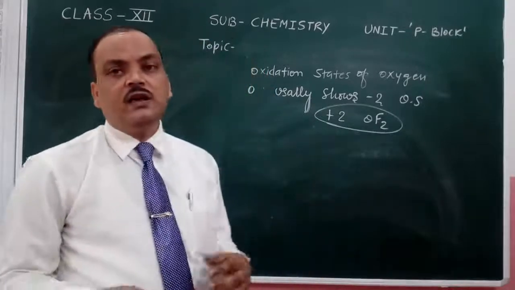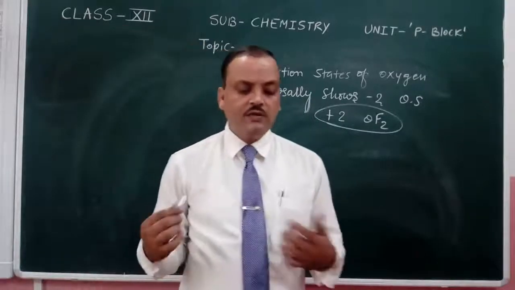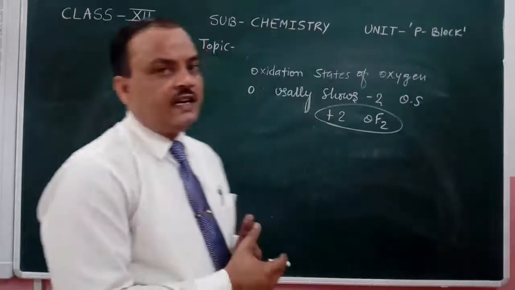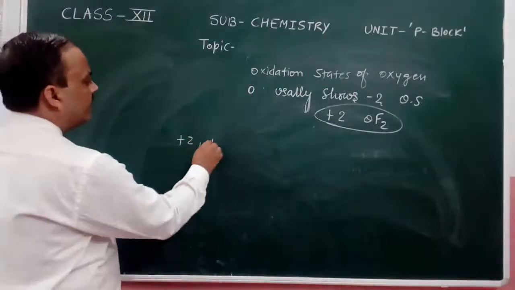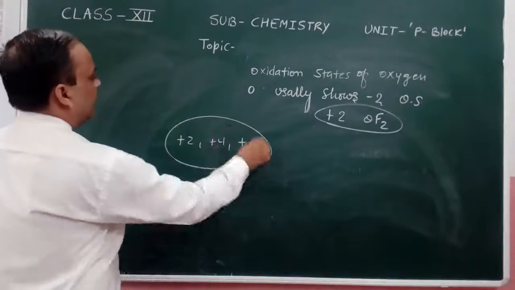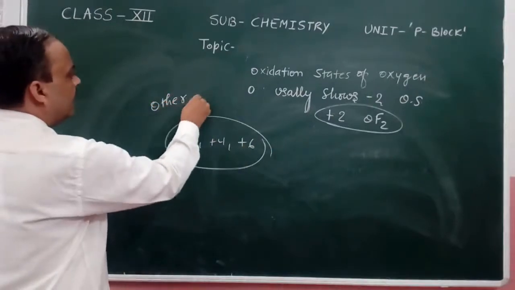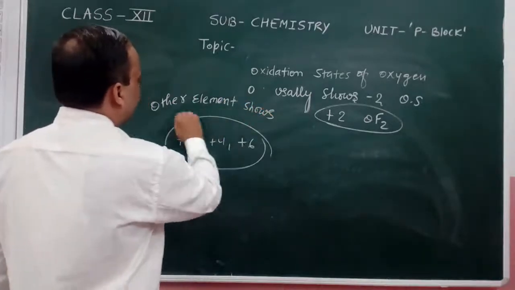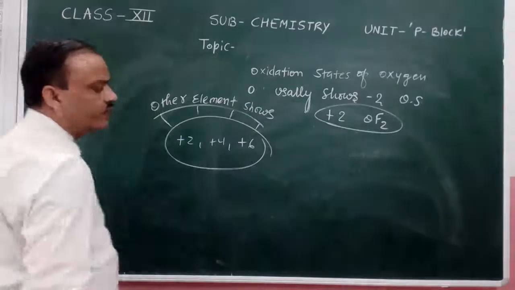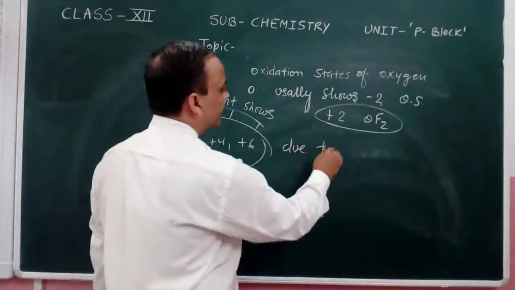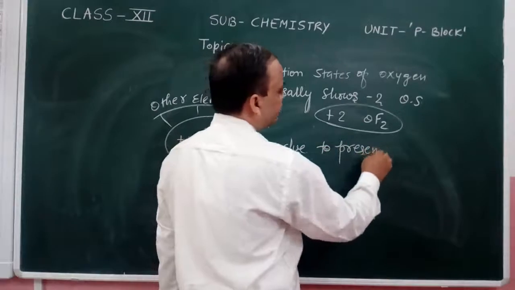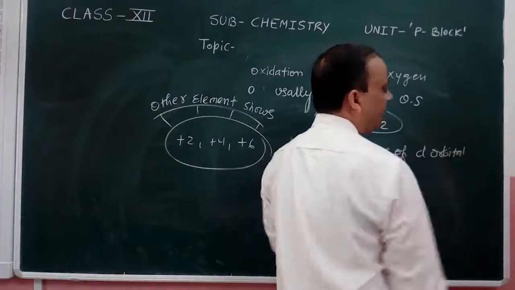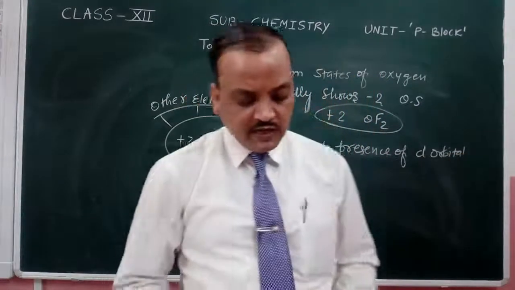Other elements in this group have vacant d orbitals and hence they show positive oxidation states like +2, +4, +6, due to the presence of d orbitals in them.